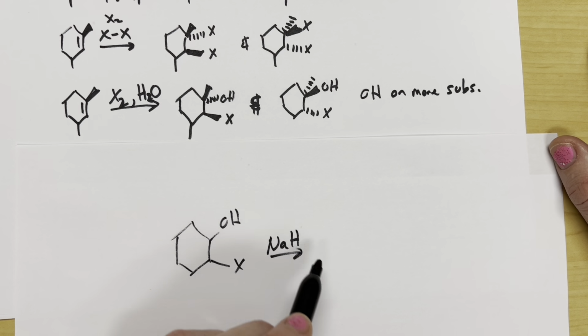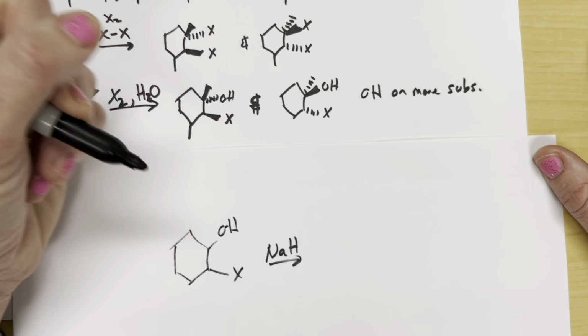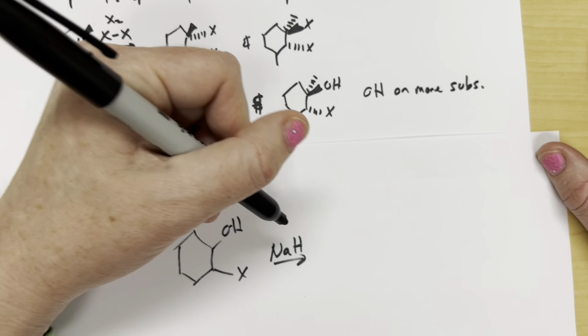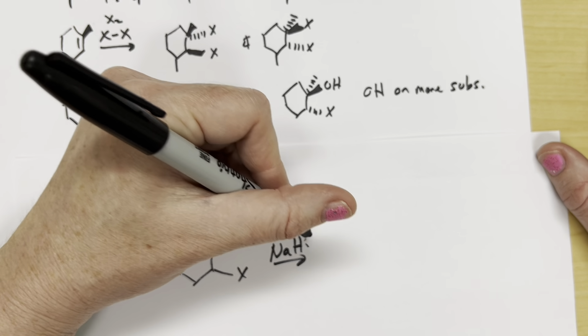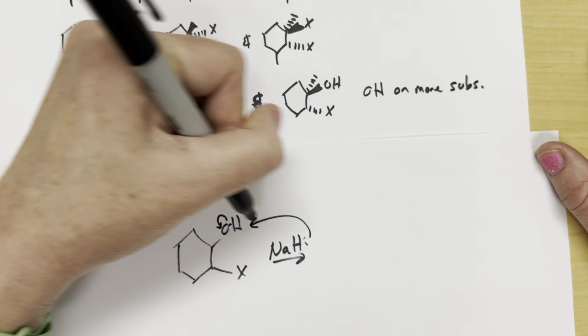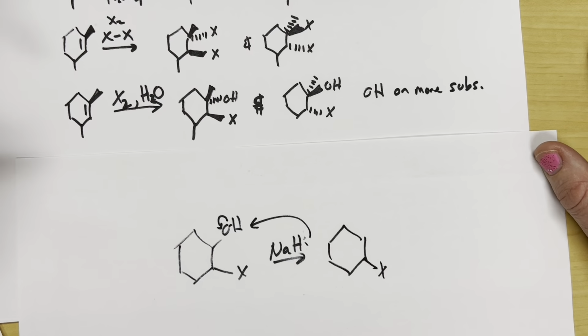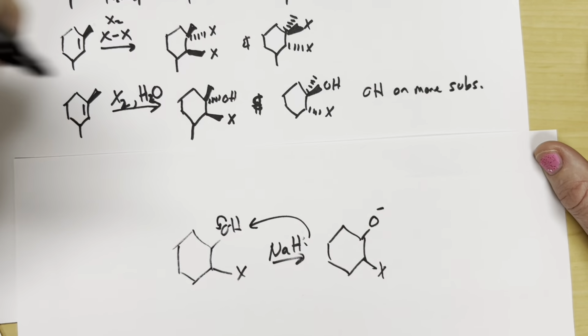Remember, this is a hydride. This H essentially makes this thing an O negative. The electrons here grab that, those electrons go on there, and you end up with this X with an O negative on it.